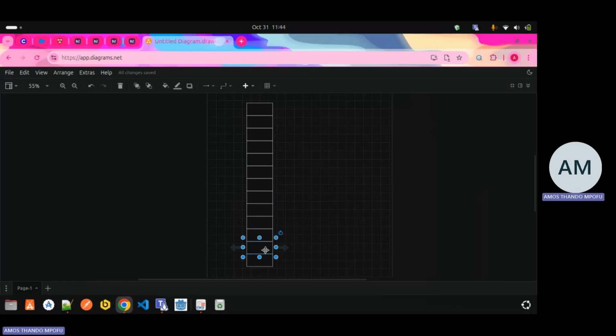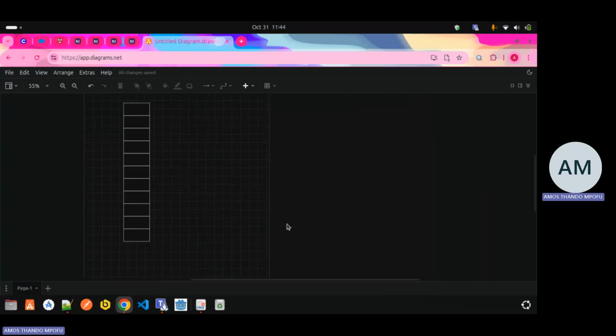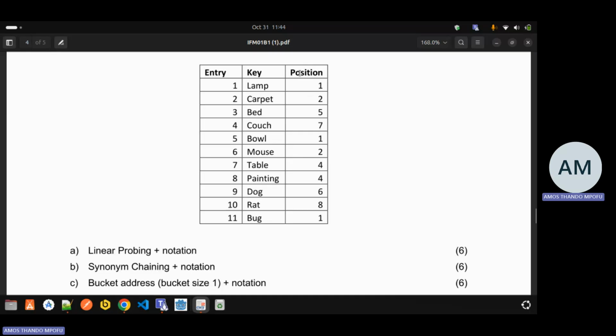Okay, I actually had two extra. Okay, so there we go. So I have 11. So I need to have position and key, right? No, position and record. Yeah, it's called position and record.